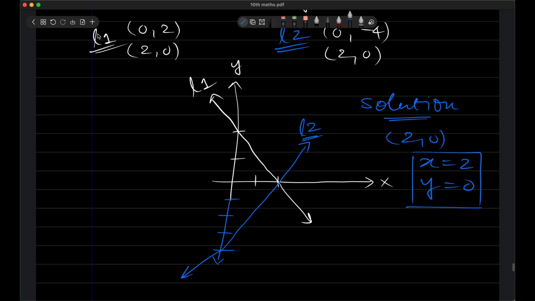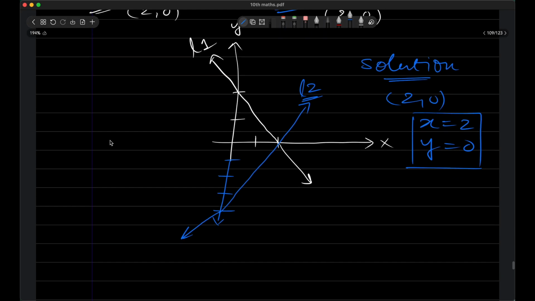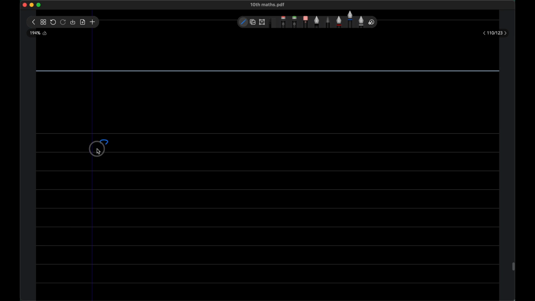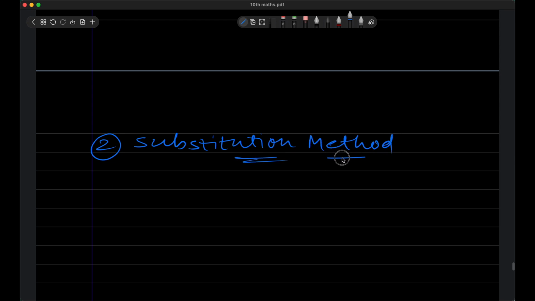Now using the substitution method, the equations are x plus y equals 2 and 2x minus y equals 4.